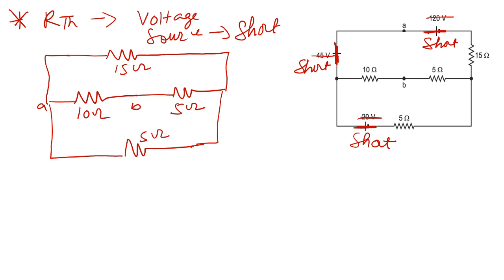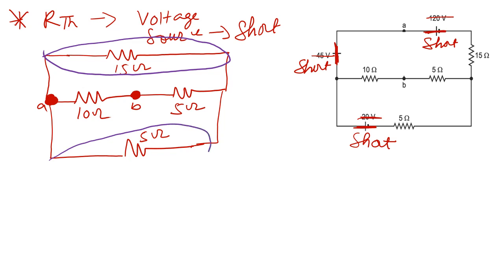Now we have to find the total resistance across this point and this point. So you have to understand the type of the circuit, where there is a parallel circuit and where there is a series circuit. If you look at this 15 ohm here and this 5 ohm here, both of these are connected in parallel.